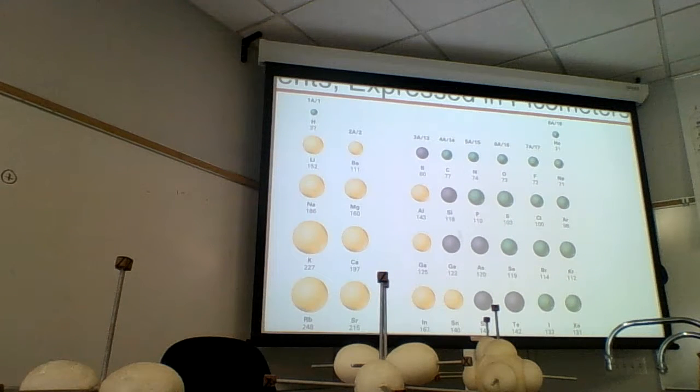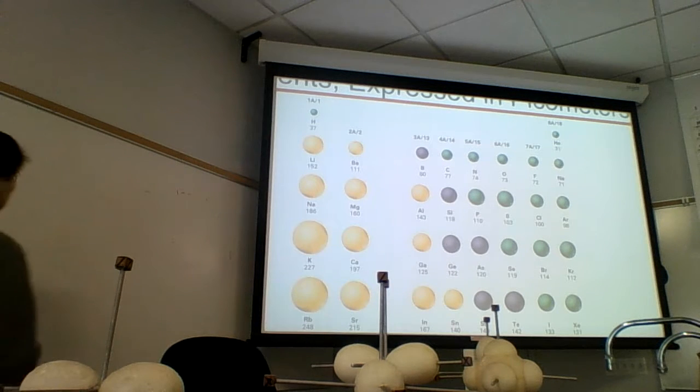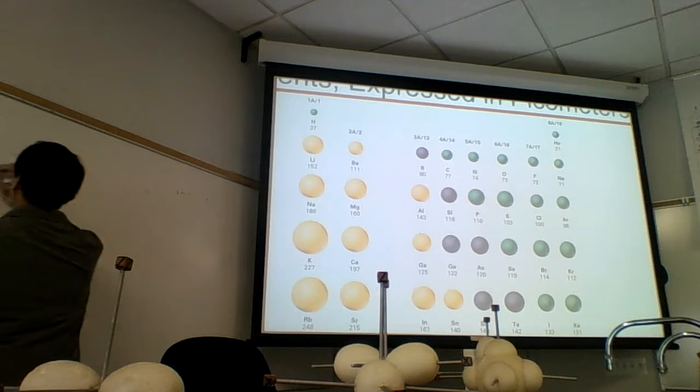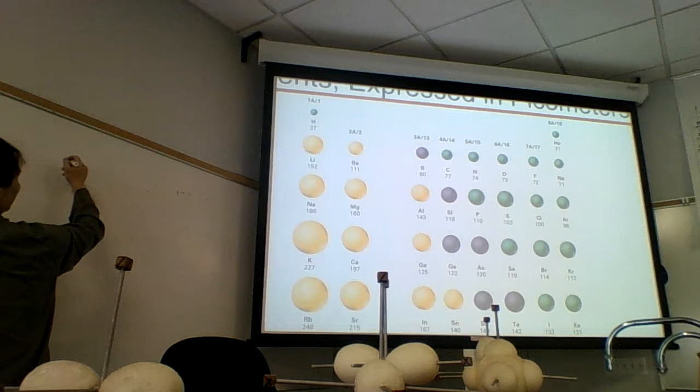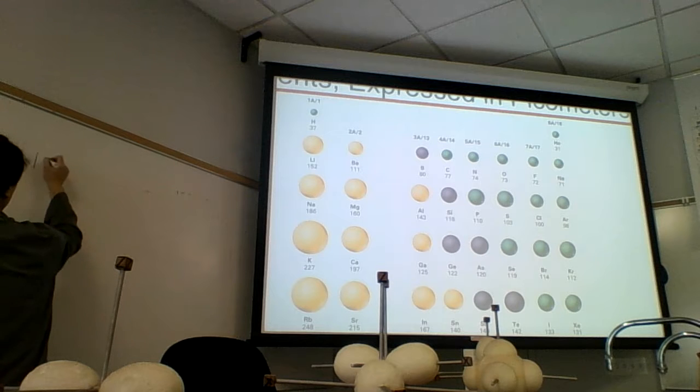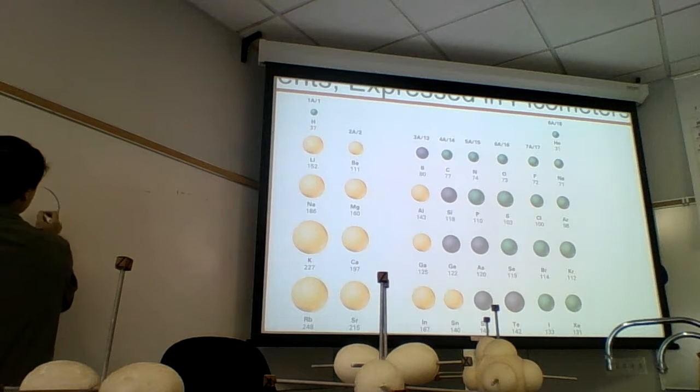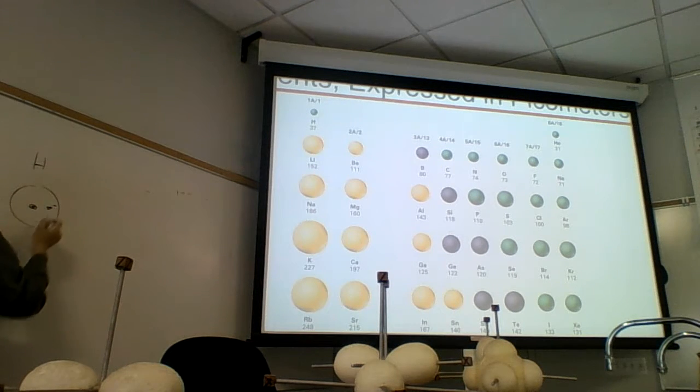Now the question comes up, why is helium smaller than hydrogen? I'm going to come back to this, sorry, mixed up here. But if we look at hydrogen, hydrogen consists of one proton and one electron, one s orbital.